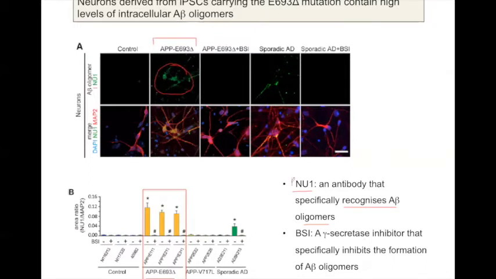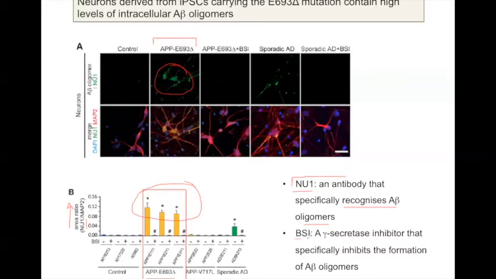What that's picking up is this NU1 protein, A-beta. In other words, the cells are full of A-beta peptide, and that's what you can see on this graph down here. So we're looking at the area or the amount of NU1 in the different cell types. There's several different cell lines generated in each case, and here is our E693 delta mutation, and you can see by the height of these bar graphs that these cells are full of A-beta peptide.